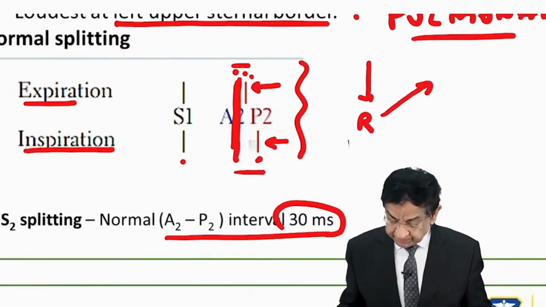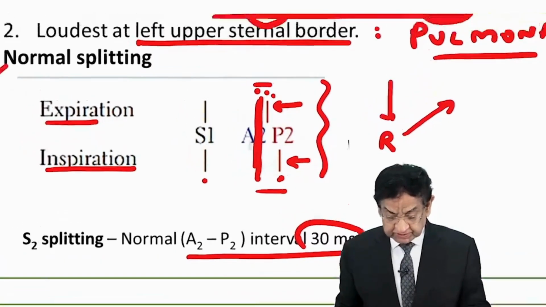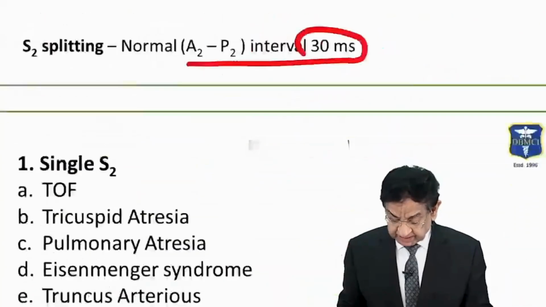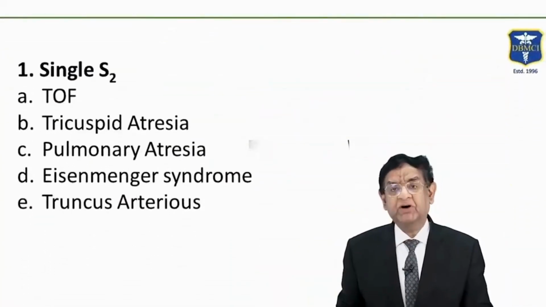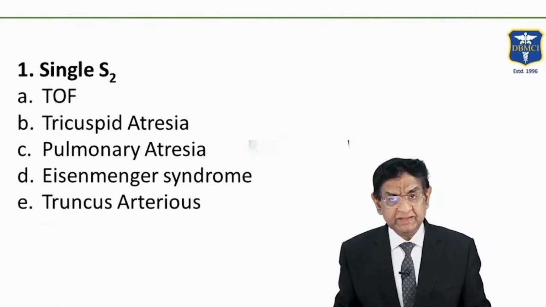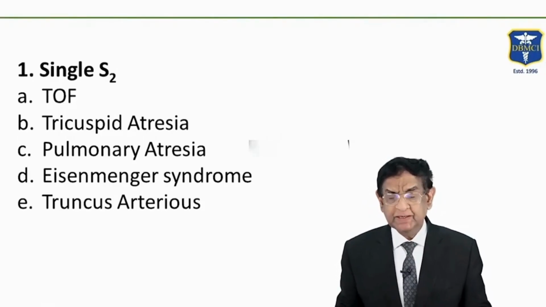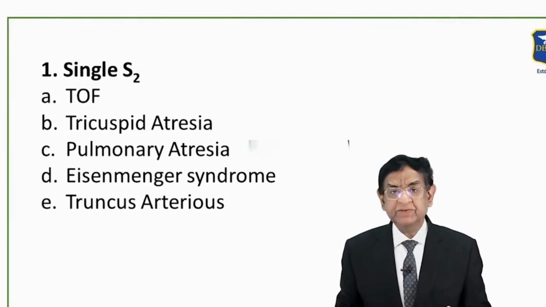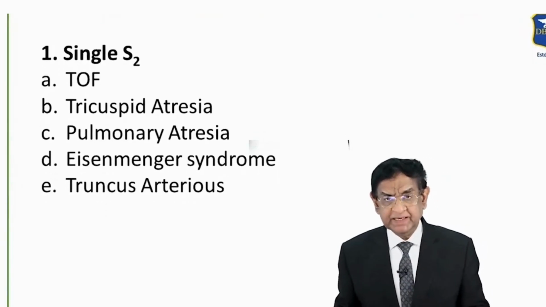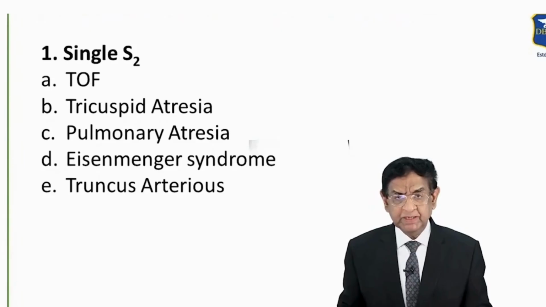So we understood the normal splitting of the second sound. With this background, that S2 has two components and there is some variation in the gap in inspiration and expiration, now let's talk about when you are listening for the second sound.